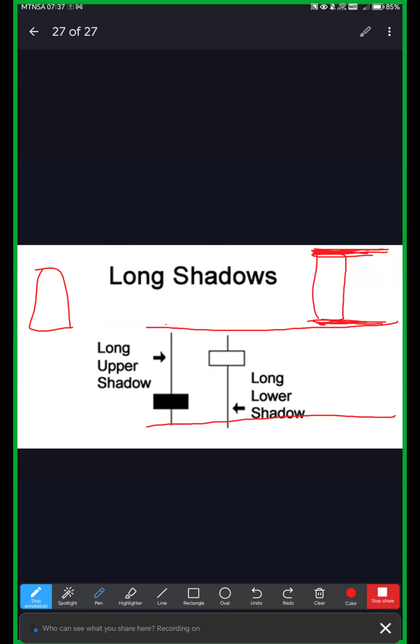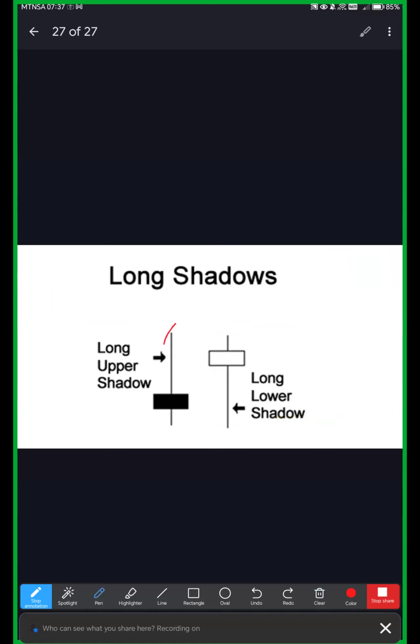But now in this scenario where we do have shadows, what message is hidden here? So this is the high. It shows high of price. It shows low of price. What else is hidden here? We are saying shadows.